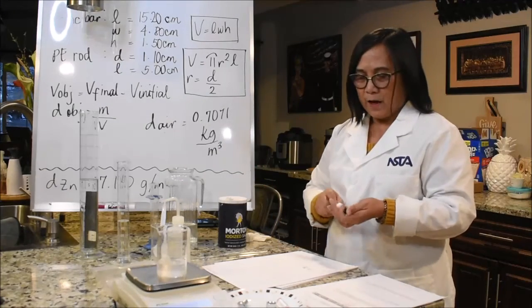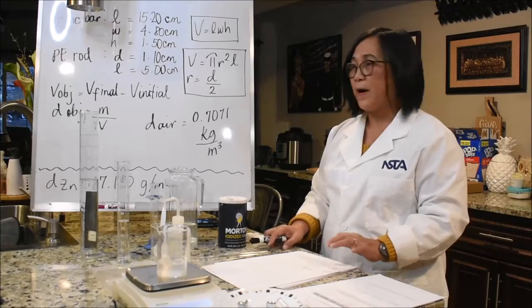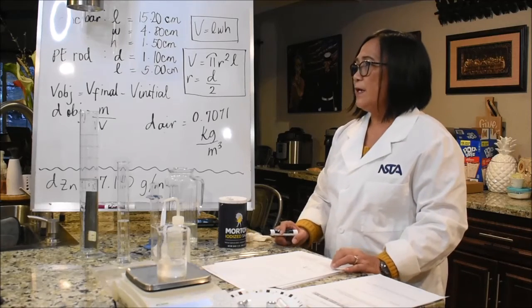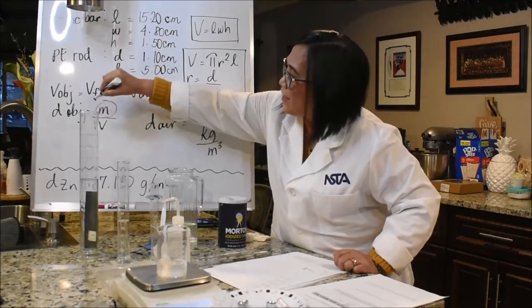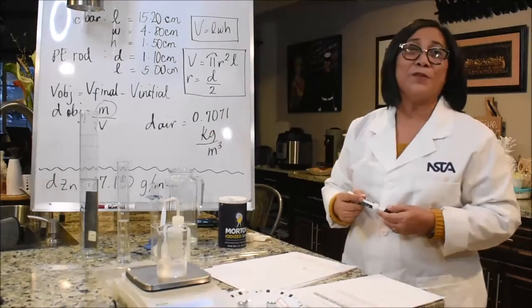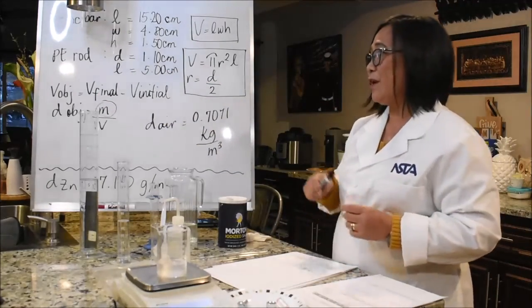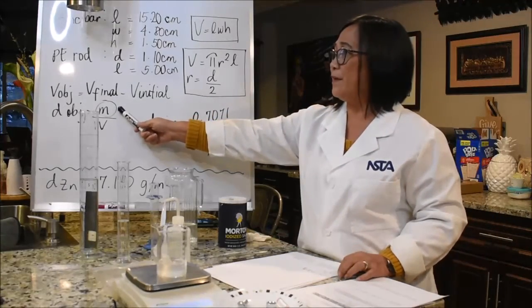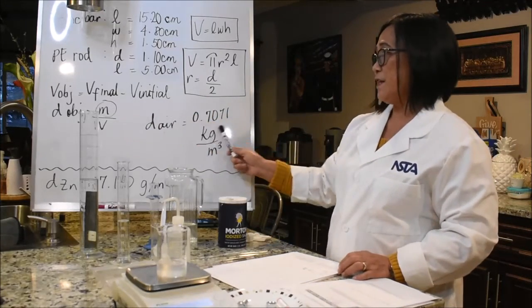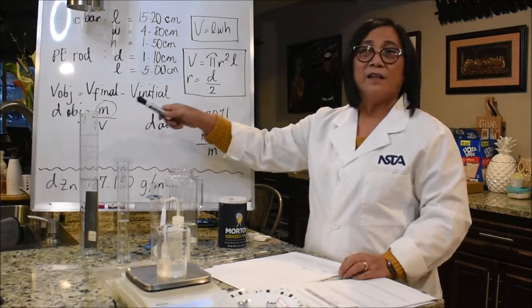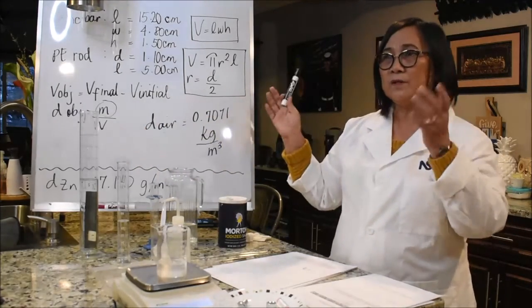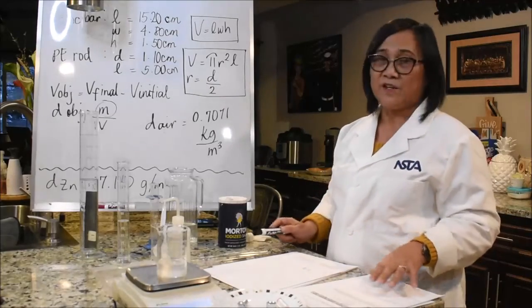Okay, now in this part of the lab, you will be asked to find the mass of the air that occupies the room that you are in. So you will have to derive the formula for mass given the density of the air, after you calculate the volume of the air that is in the room that you prefer to make the measurement for.